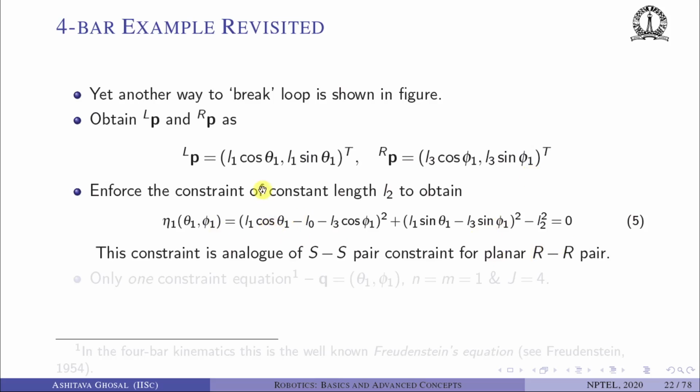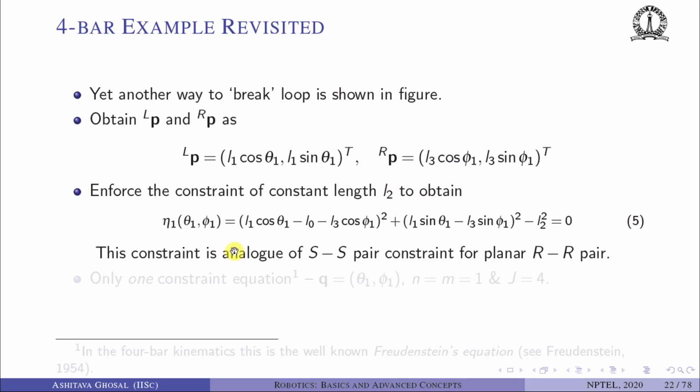So (L1 cos theta 1 minus L0 minus L3 cos phi 1) whole squared plus (L1 sin theta 1 minus L3 sin phi 1) squared minus L2 squared equals 0. This is very similar to the constraint an SS pair introduces in a loop.